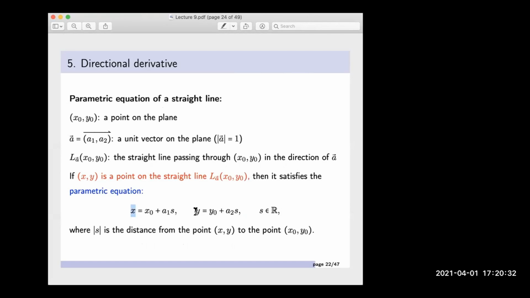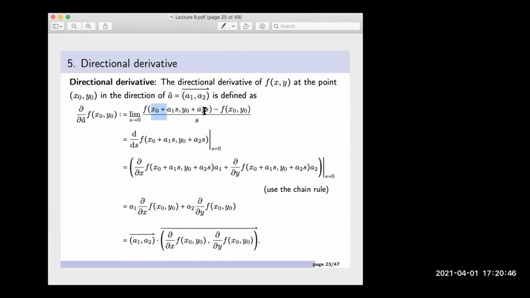Because this is the x component, this is the y component, right? When the point moves in the direction a with distance s, the new coordinate xy is this. You simply substitute these two coordinates here. Okay. So the new position of the point is this.